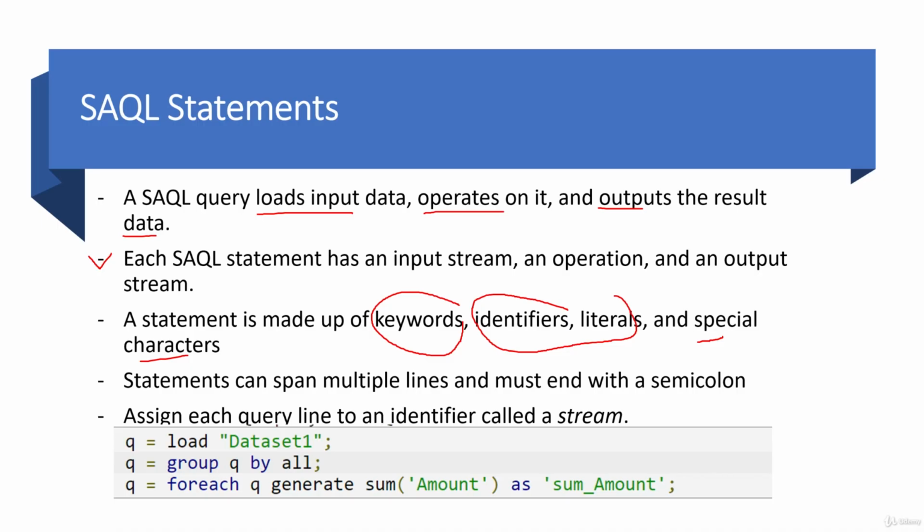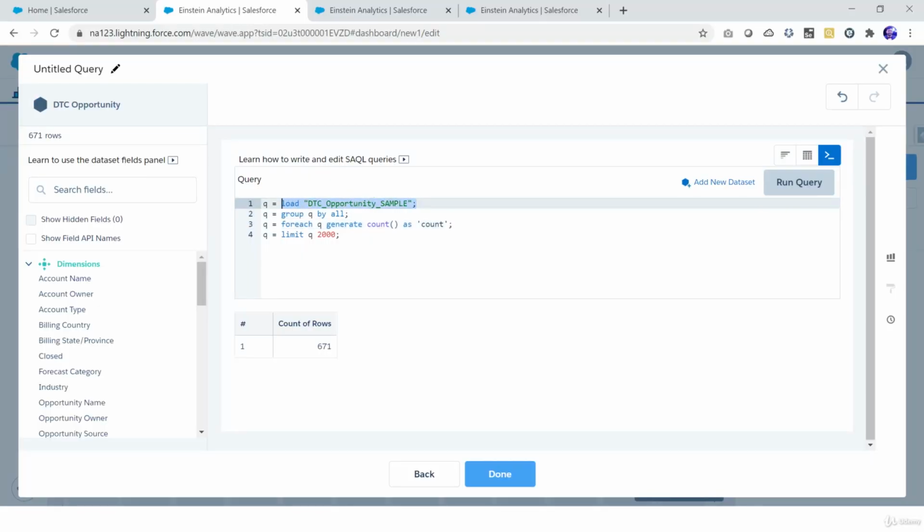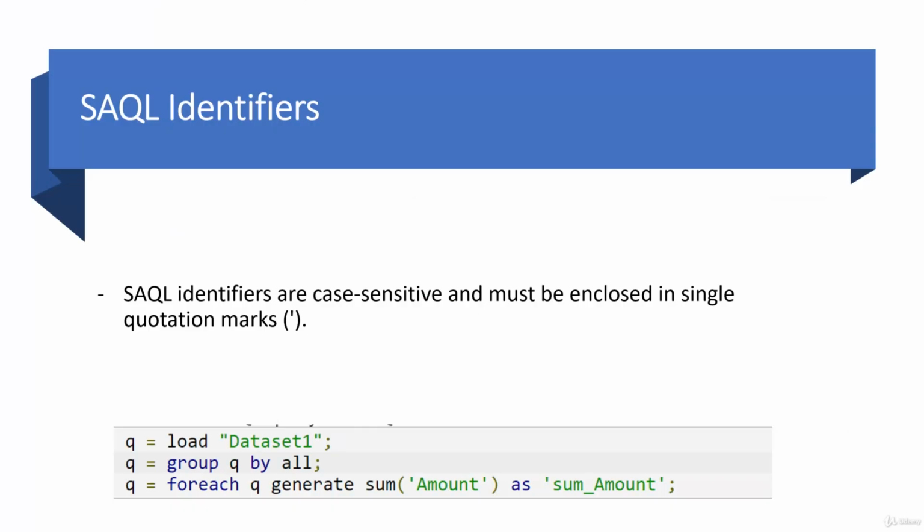And always, whenever we write SQL statements, end that statement with a semicolon, and each query line you write will be assigned to a stream, an identifier called stream. We have to assign that to a stream simply. Okay, you can see every statement being assigned to a name stream. Okay, so now let's see what we can do. These are the very basic things we'll cover up quickly.